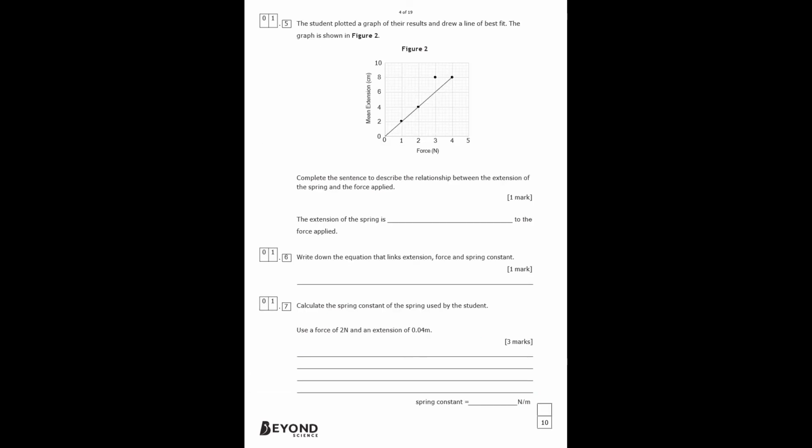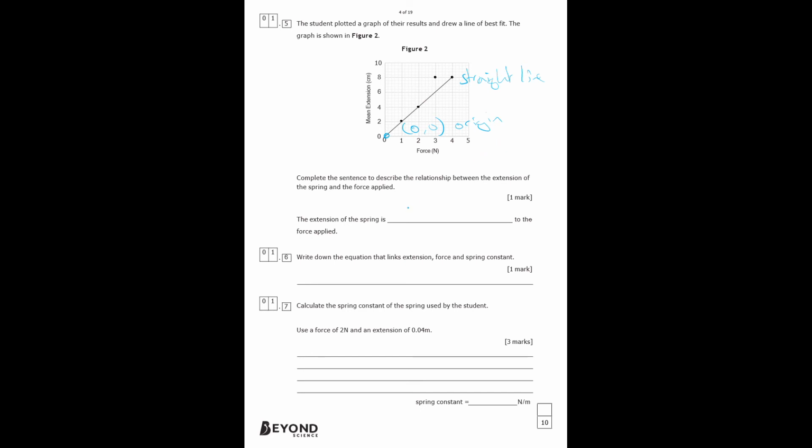Right, 1.5. The student plotted a graph of their results and drew a line of best fit. The graph is shown in figure 2. Mean extension against force. We've got a nice straight line and it passes through this point 0, 0, otherwise known as the origin.